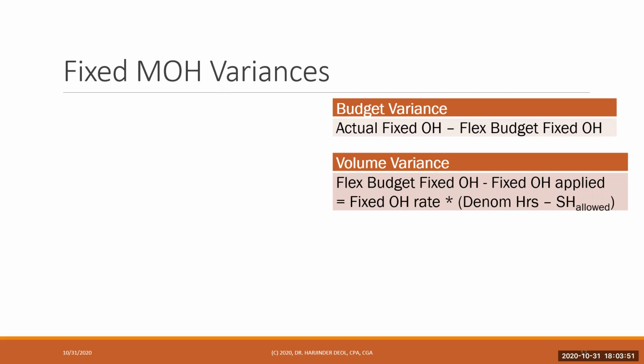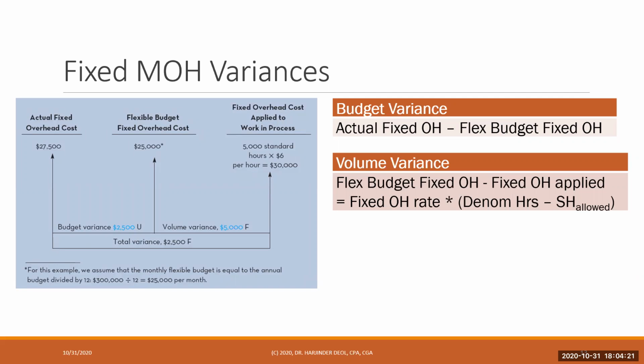The fixed manufacturing overhead applied to work in process is calculated by multiplying the standard rate times the standard hours allowed for production. The calculation can alternatively be done by multiplying the fixed overhead rate with the difference between the denominator hours and the standard hours allowed for production.